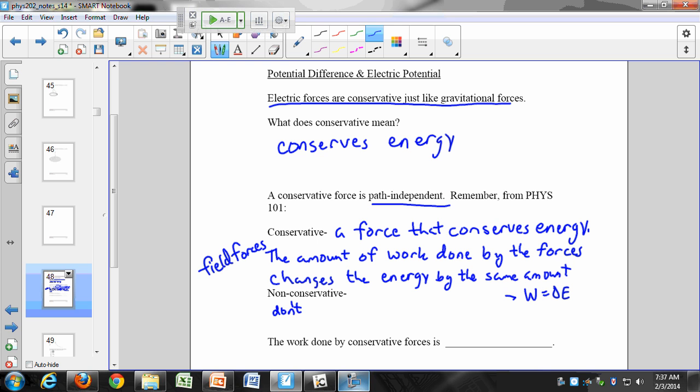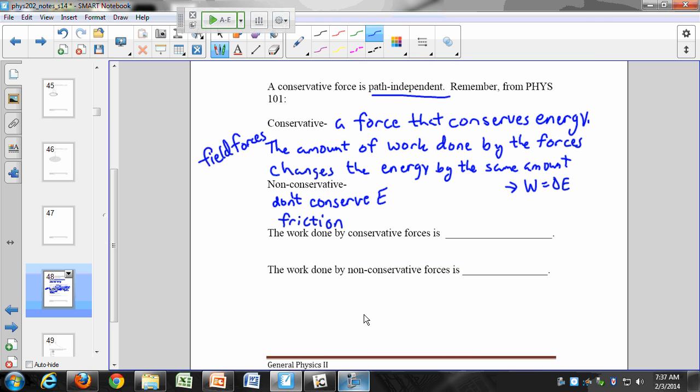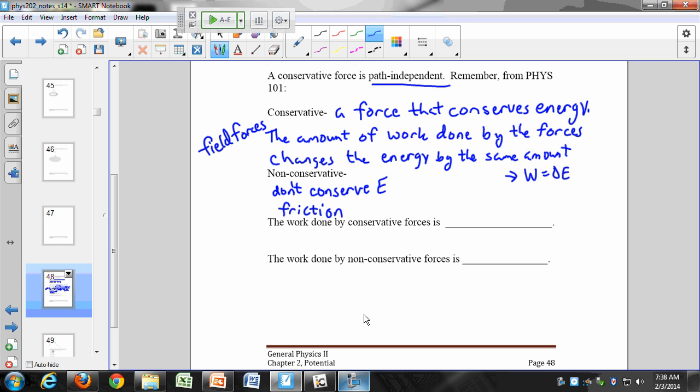So this is not true for non-conservative forces. And friction is a good example, because it doesn't matter the path that you take for a frictional force. The longer the path, the greater amount of energy that you're going to lose. Right. Now the work done by conservative forces is path independent.